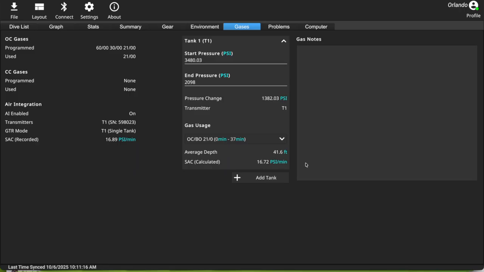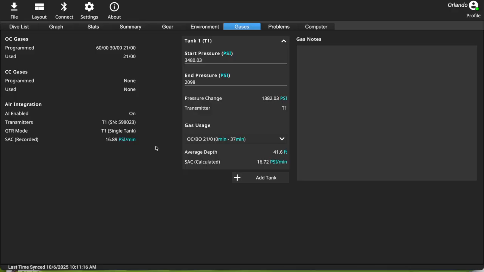It takes the average depth of 41 feet, that's like 2.3 atmospheres or something. So it divides this pressure by the time, and what we're left with is the drop in pressure per minute of 16.72 adjusted for the surface. So that's the Shearwater calculation.